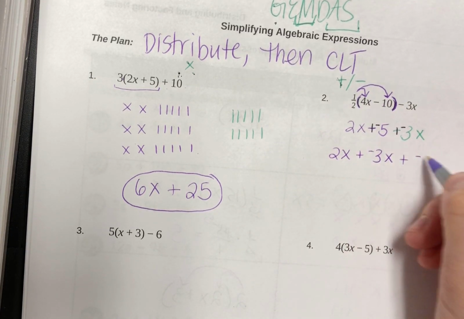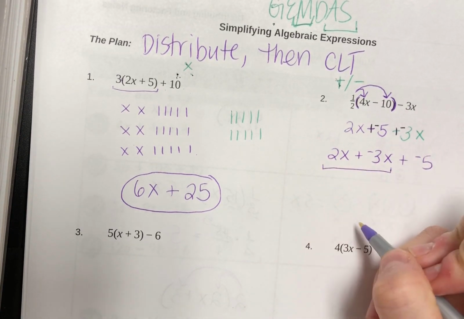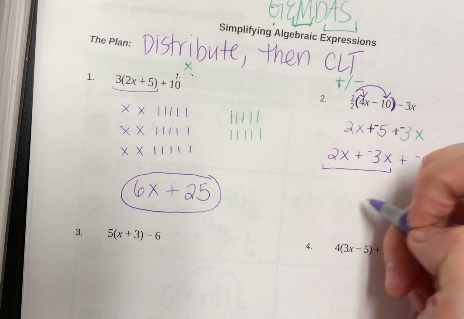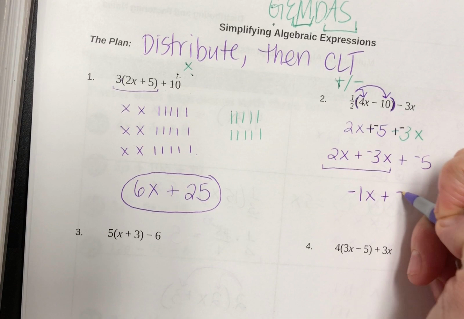And then my plus negative 5 is going to be all by itself because it doesn't have any like terms. Then I'll combine 2x and negative 3x. 2 plus negative 3 is negative 1. So I have negative 1x and negative 5.